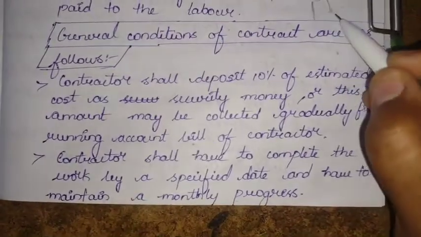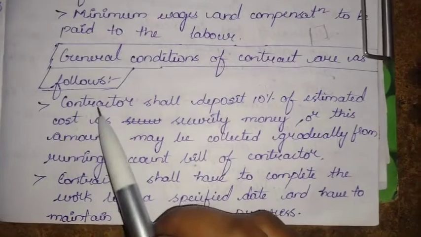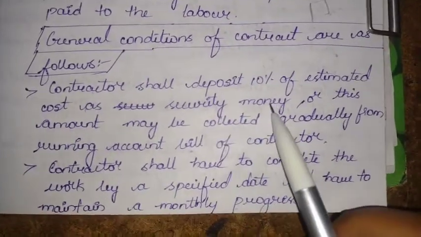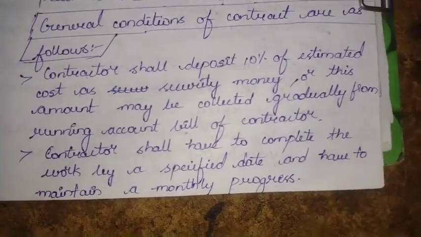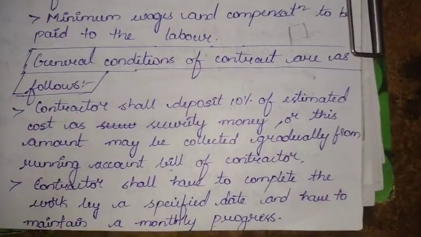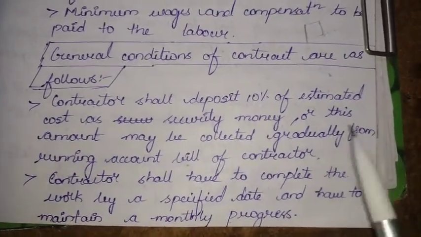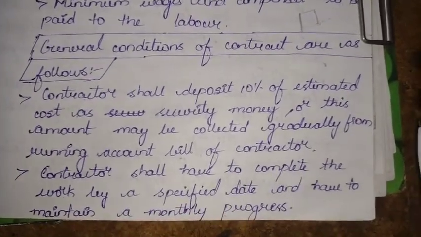So 10% of this, 2 crores, has to be deposited by the contractor as security money. We also discussed this in the conditions of contract and in the essentials of contract, right? Or this amount may be collected gradually from the running account bill of the contractor.